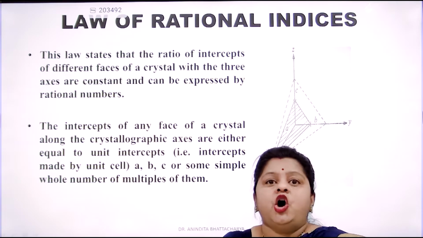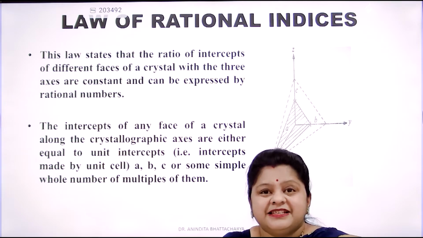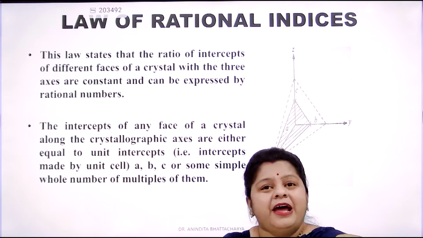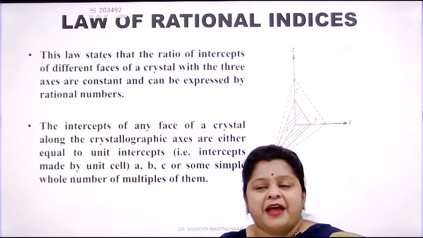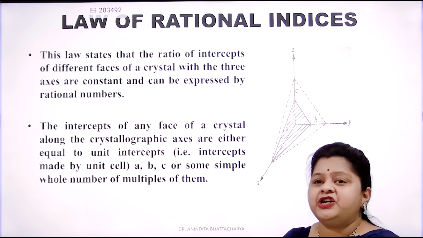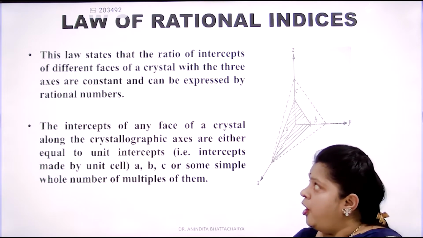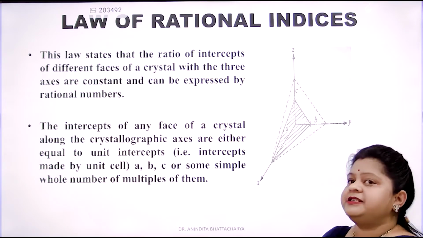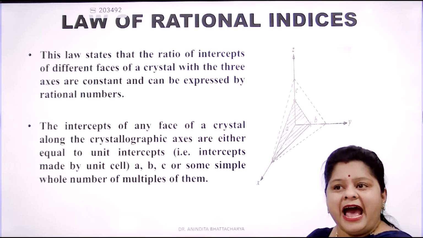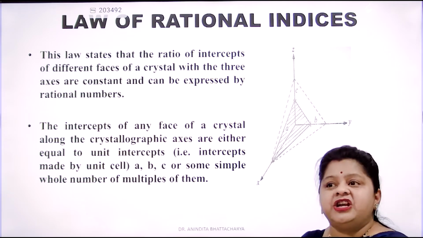Then the next law is the law of rational indices. This is what Miller indices is. We all have heard about Miller indices. So what does this law state? It states that the ratio of the intercepts of different faces of a crystal with the three axes is constant and can be expressed by rational numbers.